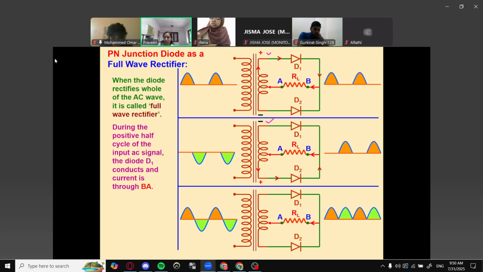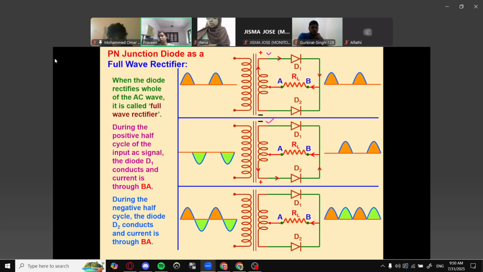During the positive half cycle of the AC input, diode D1 conducts through the branch BA, and during negative cycles, diode D2 will be conducting and the current will appear through BA. BA means the load resistance. So this is your full wave rectifier.